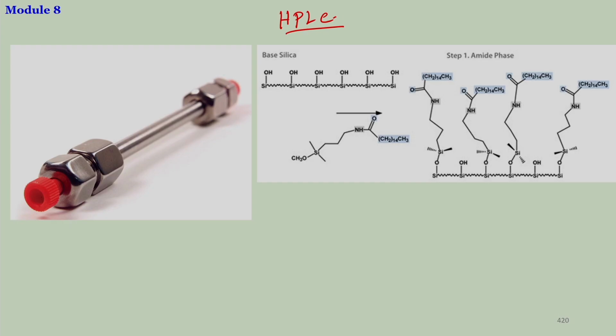Such as you have the normal phase HPLC, you have reversed phase HPLC, you have ion exchange HPLC, and so on. Affinity chromatography also is there, and all of these vary in their binding properties.